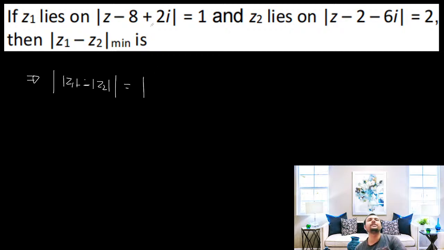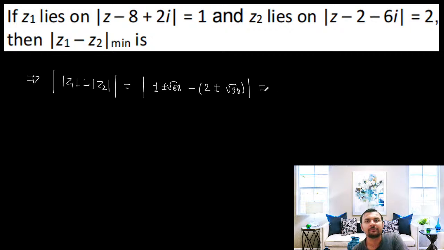Z1 maximum value is 1 plus minus, mod of 8 minus 2 iota is root 68, so 1 plus minus root 68, and minus 2 plus minus root 38.